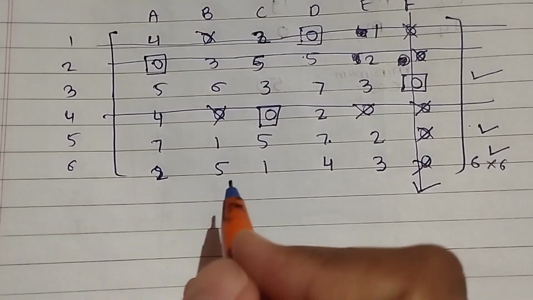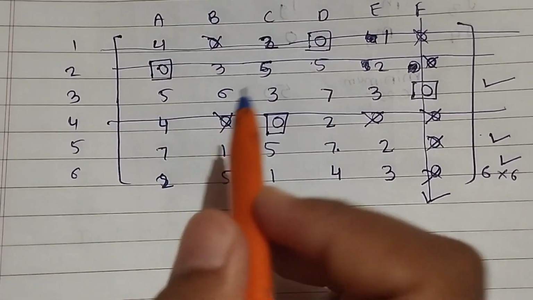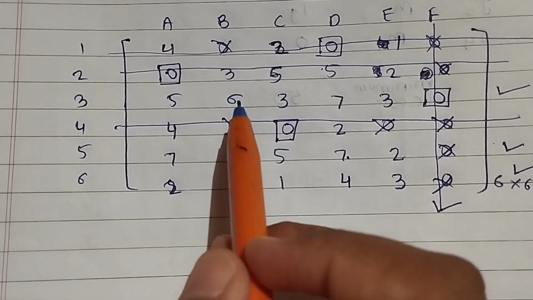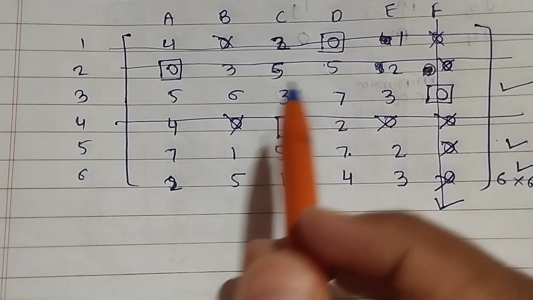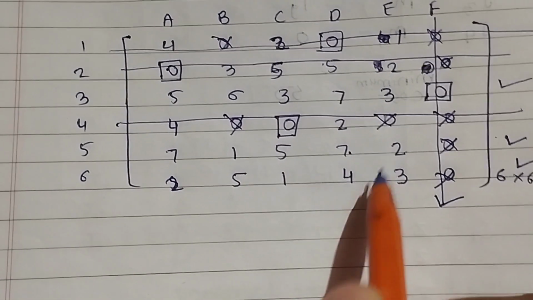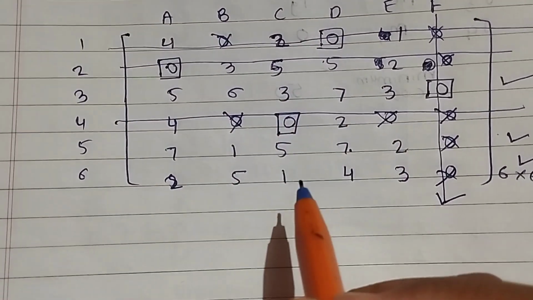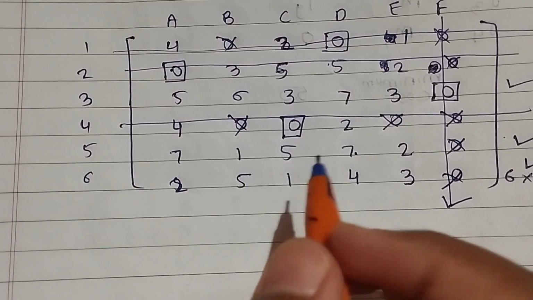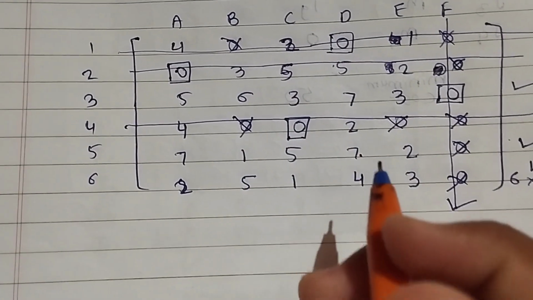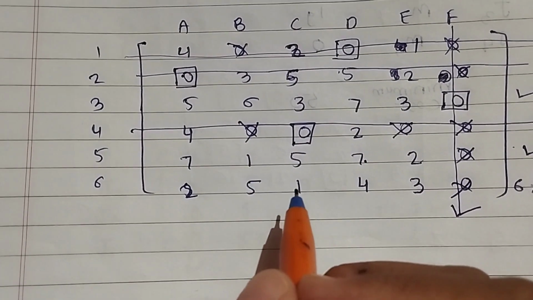Now the next step: find the smallest value from the uncovered elements. Here 5, 6, 3, 7, 7, 1, 5, 7, 2, 5, 1, 4, and this 2 and 3 are the uncovered elements not covered by the lines. Find the minimum value among those elements. So 1 is the minimum value.